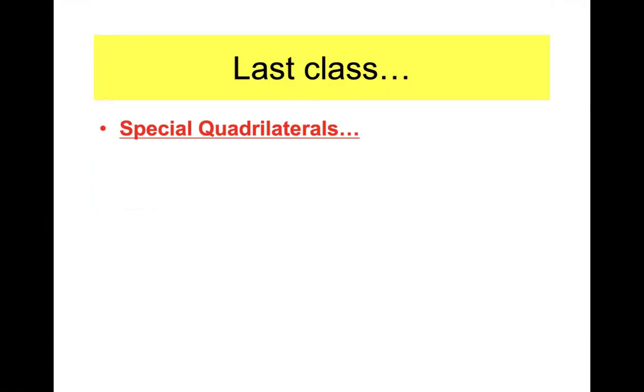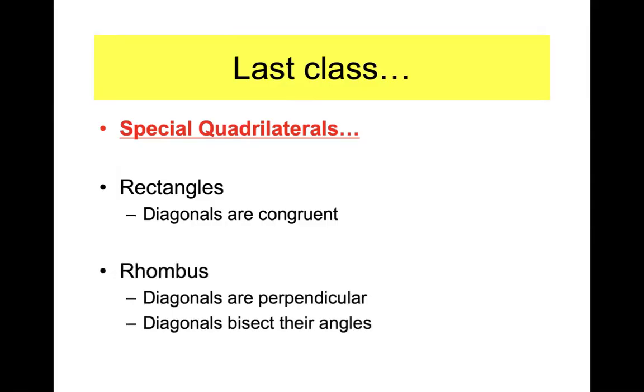If we talked about this chapter in general, we talk about parallelograms, and then we talk about the other five quadrilaterals. All right. So from last class, we had all the consequences of being a rectangle, the diagonals congruent. These were the above and beyond them being parallelograms.